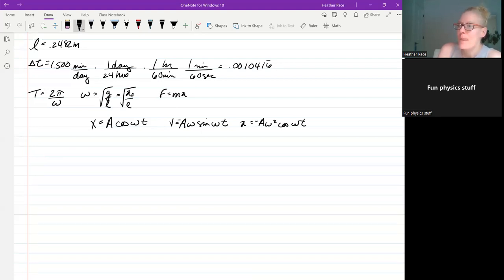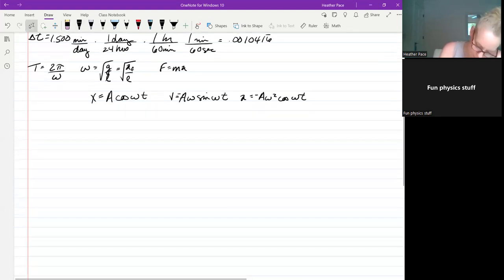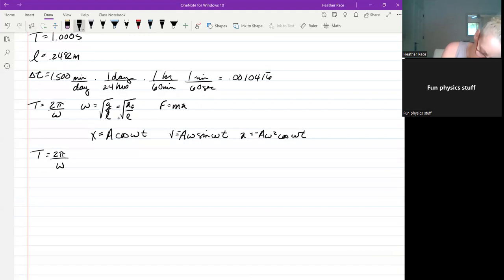Okay, so let's find out what our new period is. T equals 2 pi over omega, and we know that omega is this here. Like I started to say and then cut myself off because I was jumping into it without following our process: our T is not what they give us.